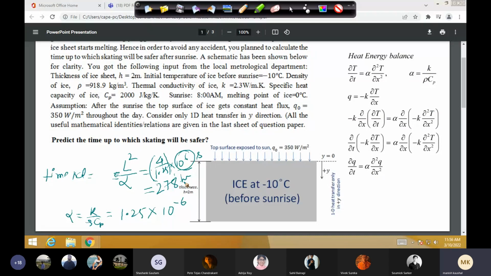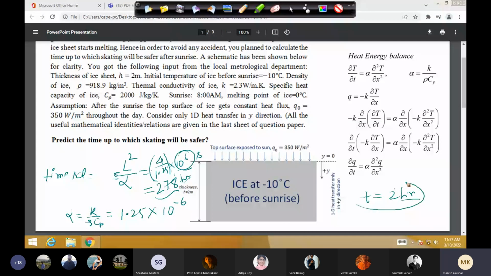This is the time scale after which you can expect that heat will actually hit the bottom layer. Now, if you solve this problem taking the error function into consideration, and let's say the time you calculate comes out to be 2 hours, that after 2 hours the top layer will start melting, can I claim that the error function solution is right or wrong?